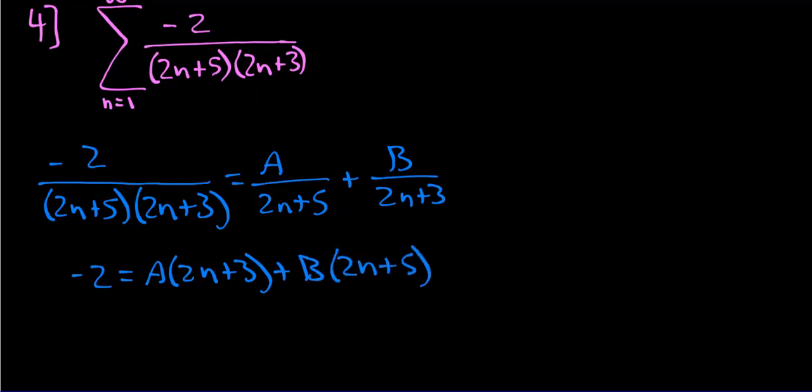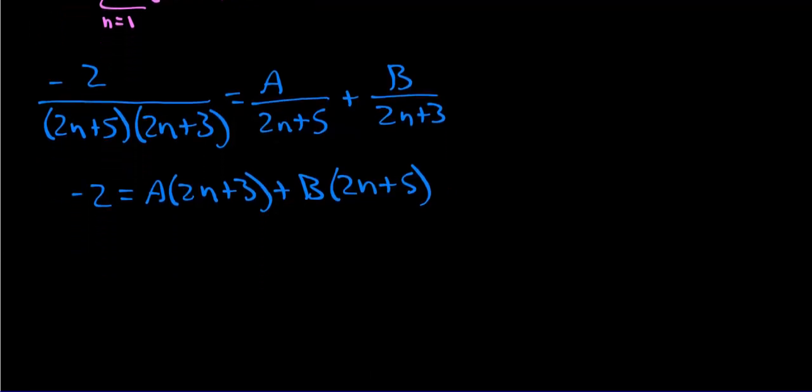I'm going to be consistent and use equating of coefficients. So I've got negative 2 equals 2an plus 3a plus 2bn plus 5b.